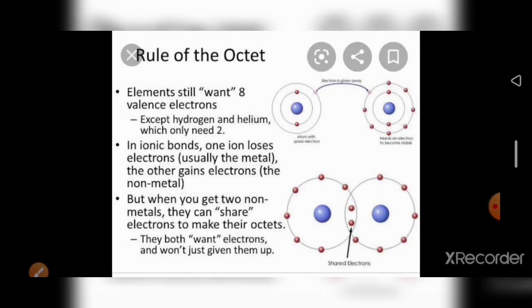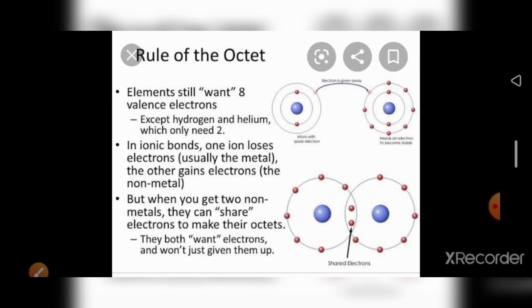Okay, next we go to the octet rule. We already studied it, but I am reminding you again. Octet rule: elements want 8 valence electrons, except hydrogen and helium. Hydrogen has atomic number 1 and helium atomic number 2, so they only need 2 electrons in the outer shell.